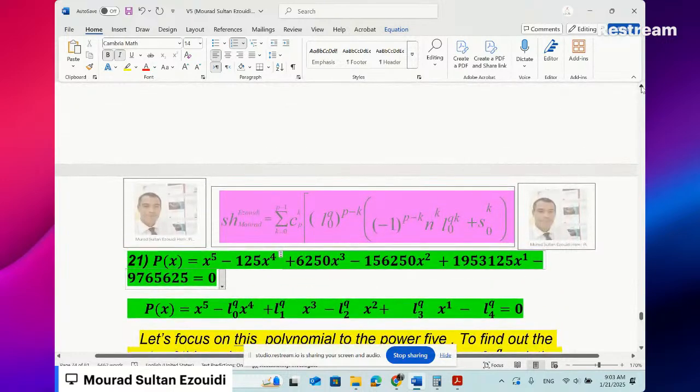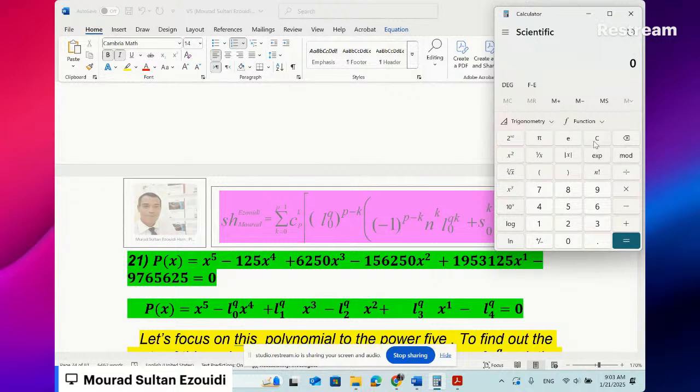Okay, it's a repeated root, and the order of multiplicity is equal to 5, means you can write this p of x as x minus 25 all raised to the power 5. Okay, let's check.